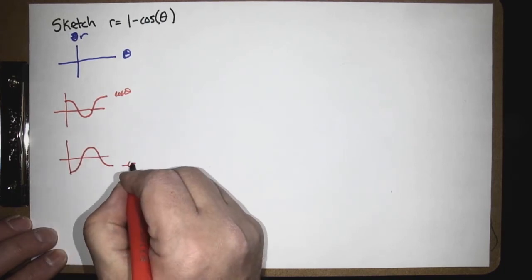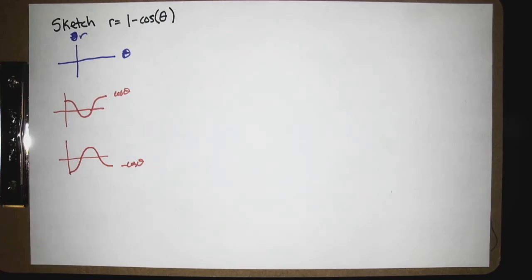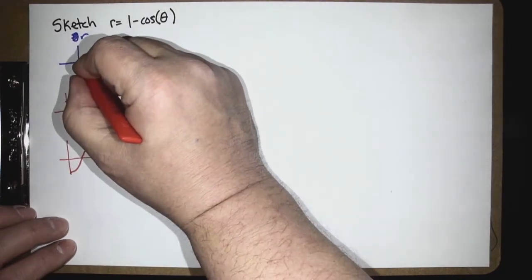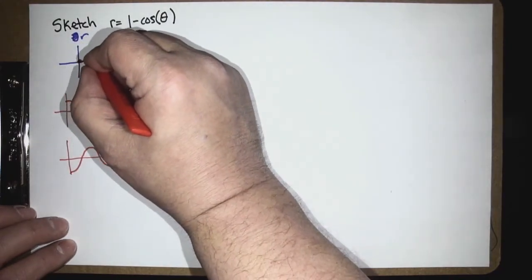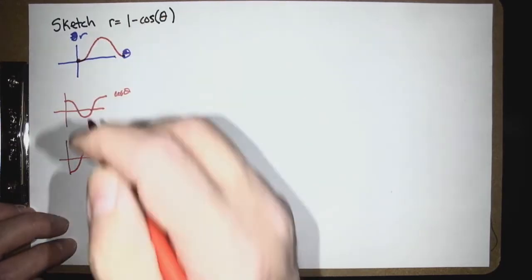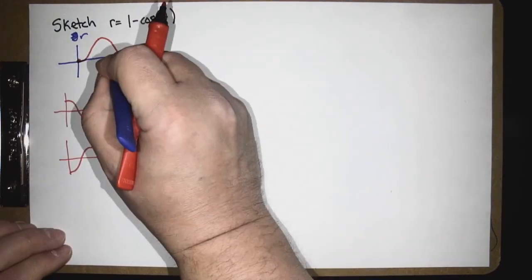So this is minus cosine. Now what does adding 1 do? Shift. Which way? Shifting up. Vertical shift. So r equals 1 minus cosine theta. We'll start at 0, go up, and then it'll come back down after a full revolution.